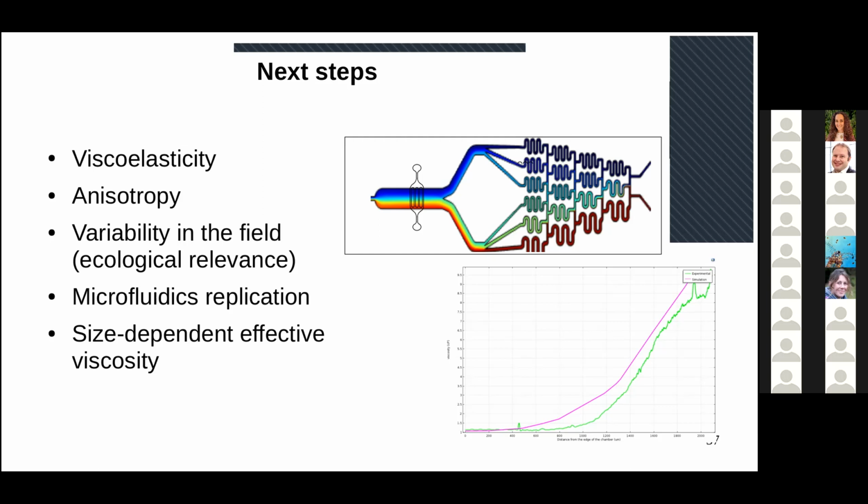This microfluidic device allows us to overlap a nutrient gradient and a viscosity gradient and see the behavior of bacteria when exposed to both gradients, no? And finally, we also want to see the effect of size of all these molecules.